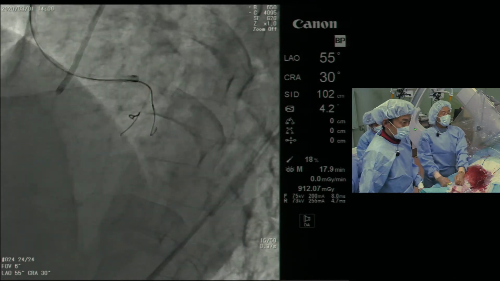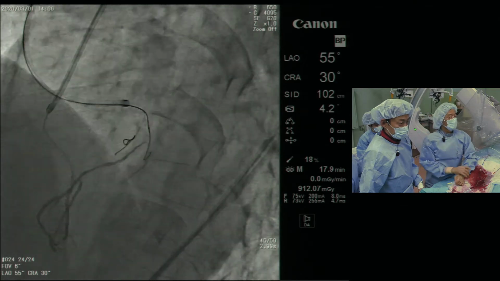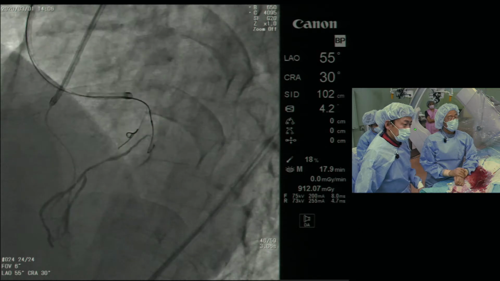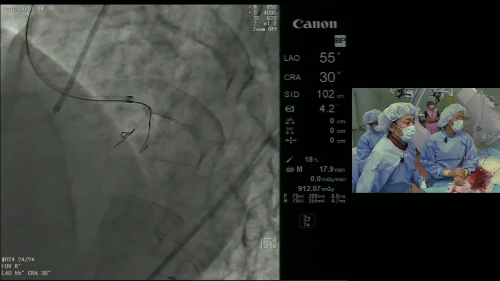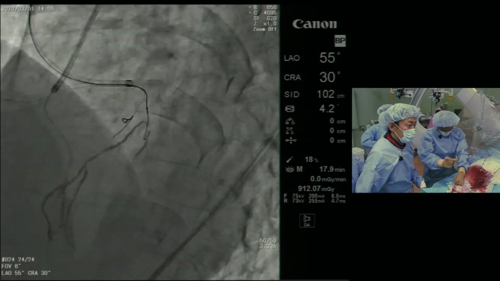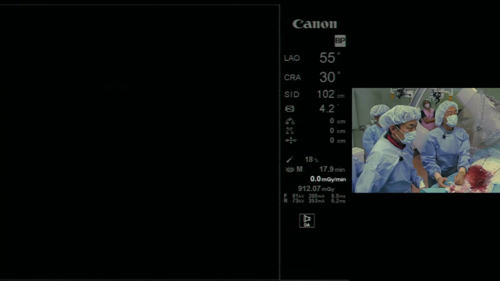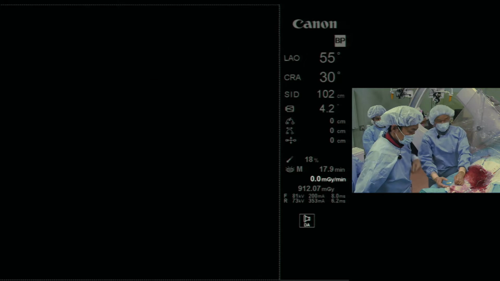But now we have to move the wire tip. We need the horizontal gap.